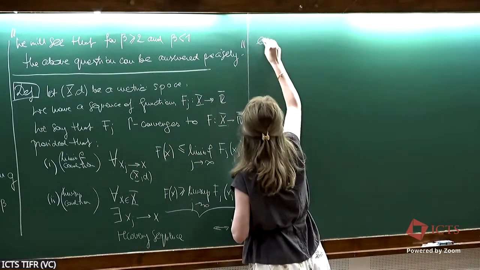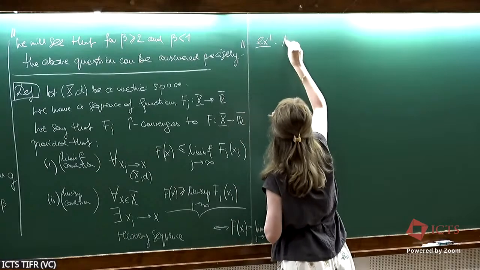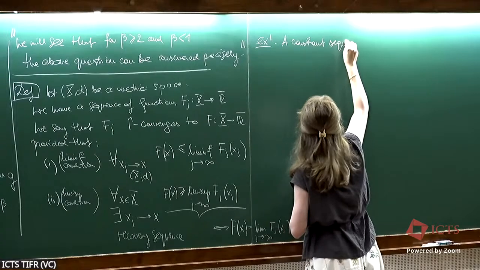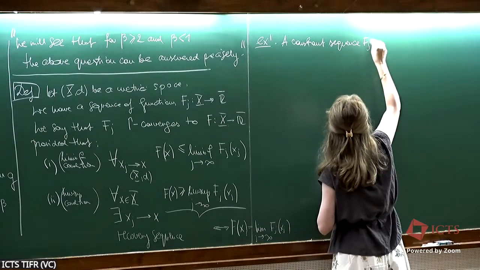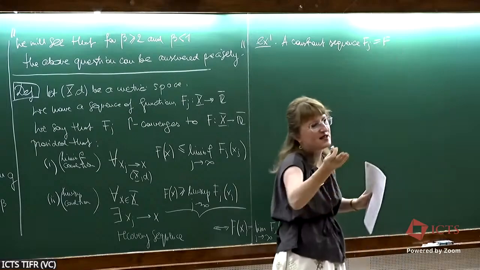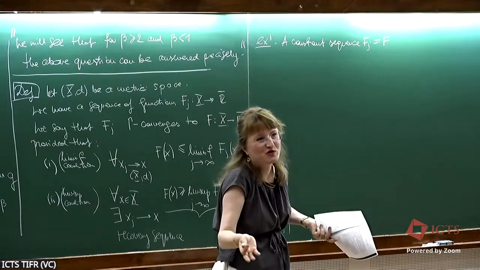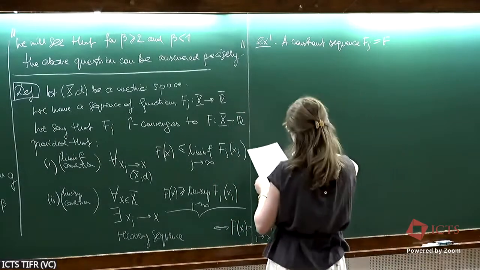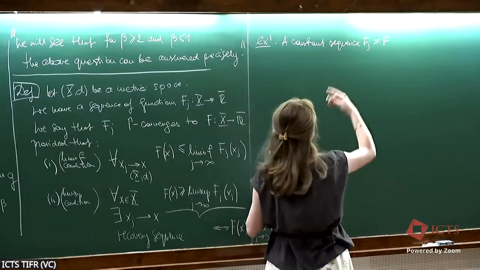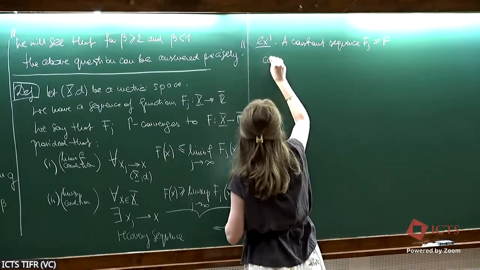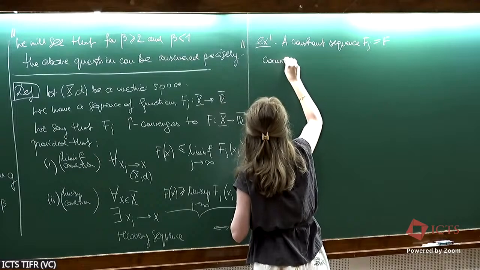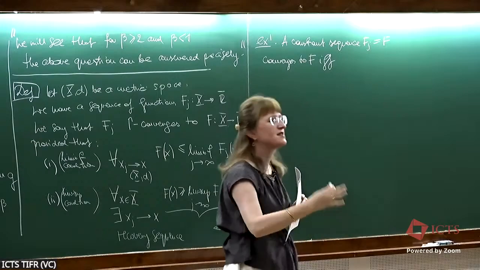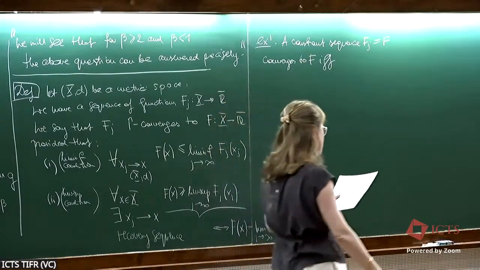Okay, so let's see examples. Example 1, a constant sequence. F_j, so F_j all the time equal F, one and the same function. It does not converge to F in general, right? So a constant sequence converges to F if and only if F has a certain property, namely it's sequentially lower semi-continuous.